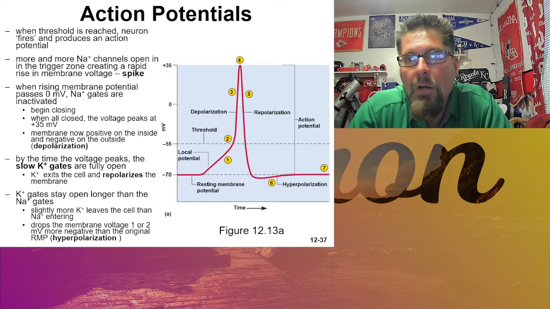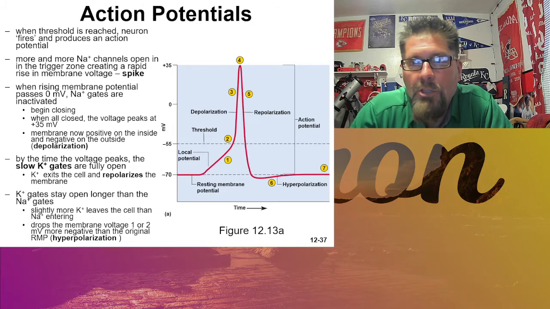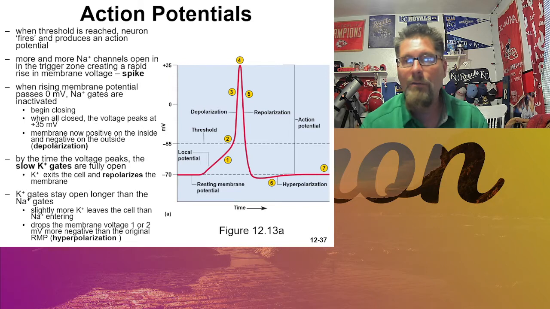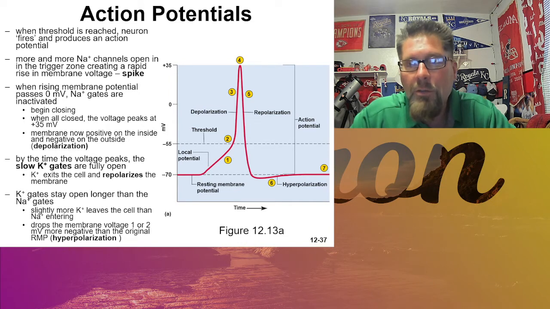All right, so here's our look at our action potential, and you can see that in the far left of the graph, where the red line begins, it's that negative 70 number that we've been mentioning, and that's when your local potential is in action.